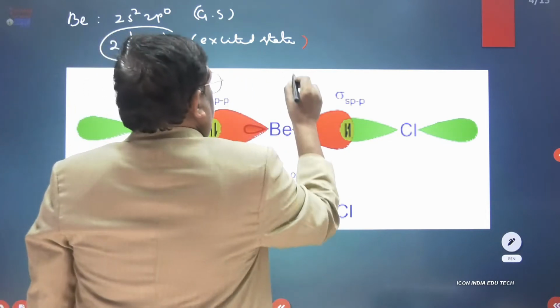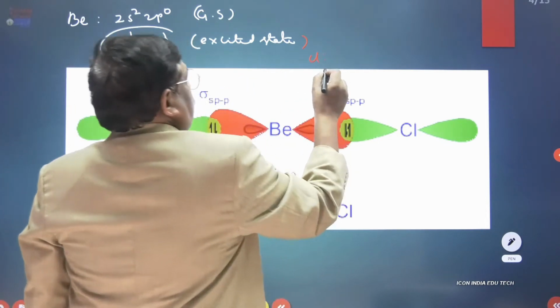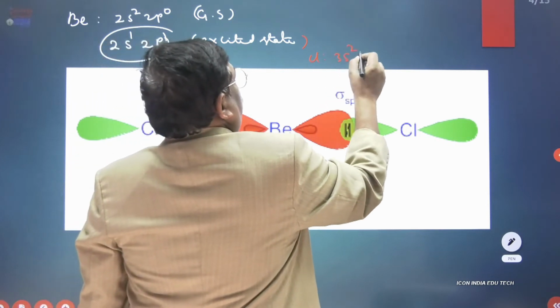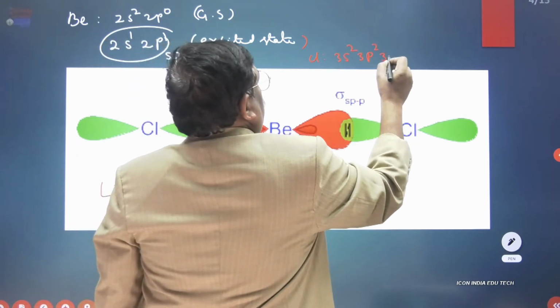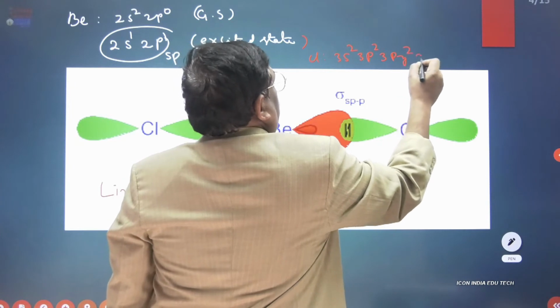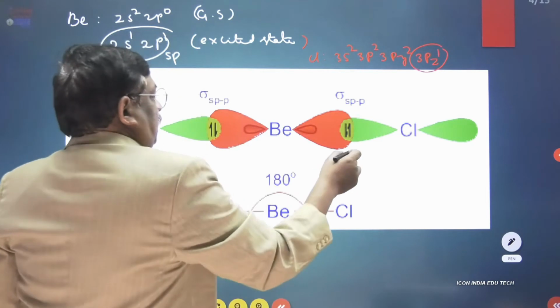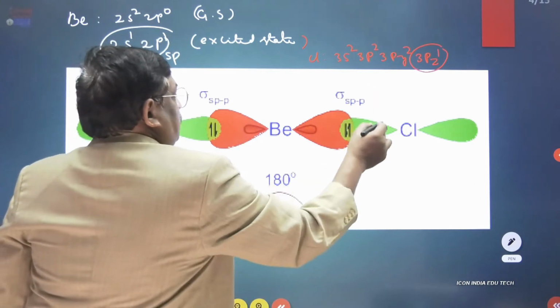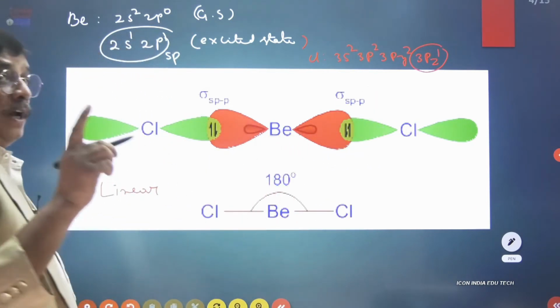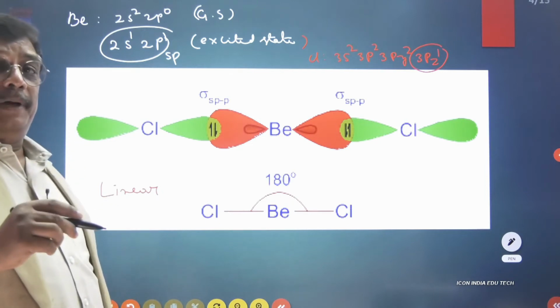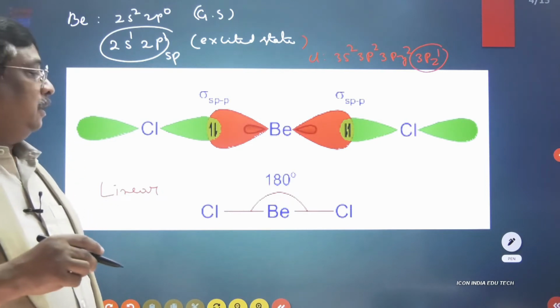And what about chlorine? Chlorine has 3s2, 3px2, 3py2 and 3pz1. This is the half-filled p orbital of chlorine. See, chlorine is not hybridizing; only one of the atoms, the central bonding atom, hybridizes. Not all the atoms will.